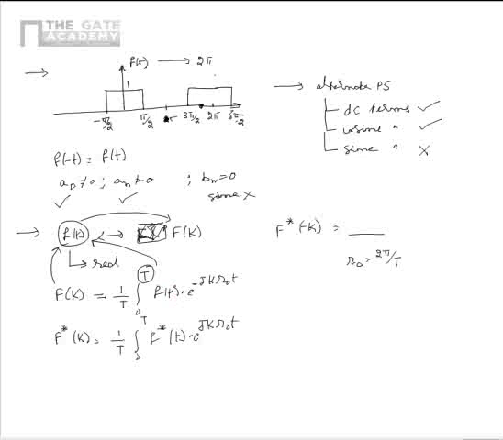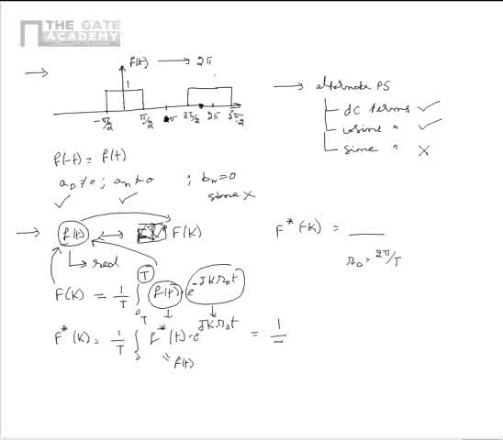That is, we find out the complex conjugate of f of t and e power minus jk omega naught t individually. But we know that f of t is real. It means that f star of t is equal to f of t.